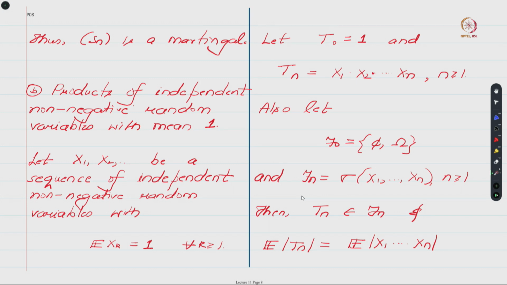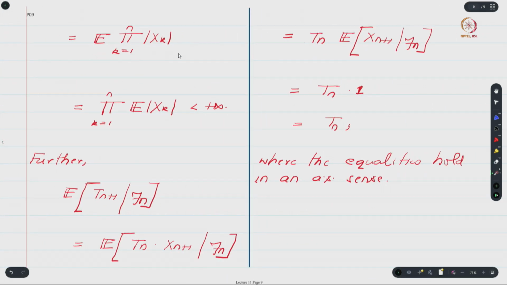The next property that we require is that Tn be integrable. So towards that let us look at the expected value of the absolute value of Tn. Since Tn is the product, this expectation equals the expected value of the product of x1 to xn, which in compact form I have written in the following way. Now we make use of the fact that each of these random variables is independent, and because they are independent the expectation of the product becomes the product of expectations.